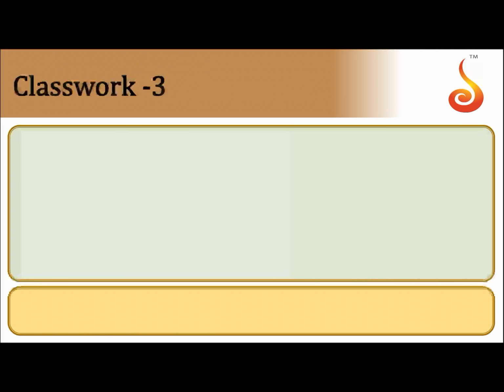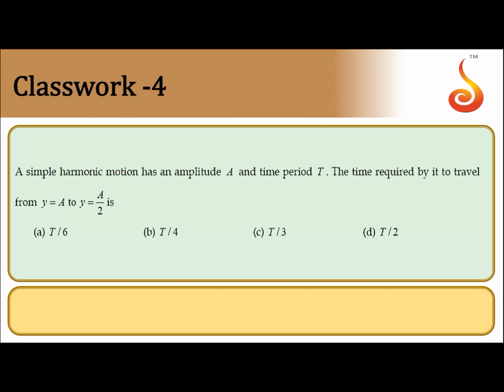Yes, we shall move on to the next one. A simple harmonic motion has an amplitude A and time period T. The time required by it to travel from y is equal to A to y is equal to A by 2 is. So we are considering it to be traveling from y is equal to A to y is equal to A by 2.